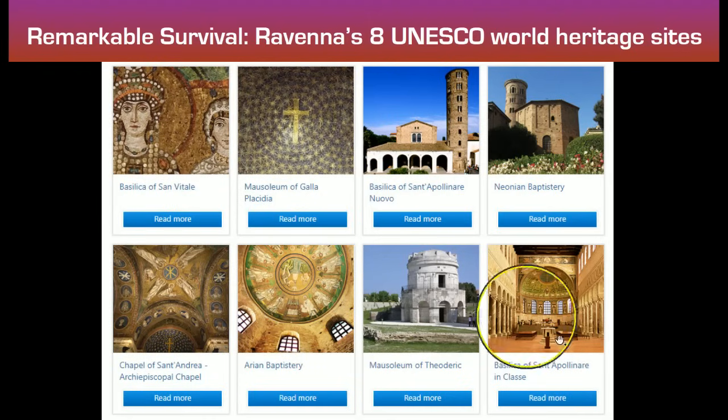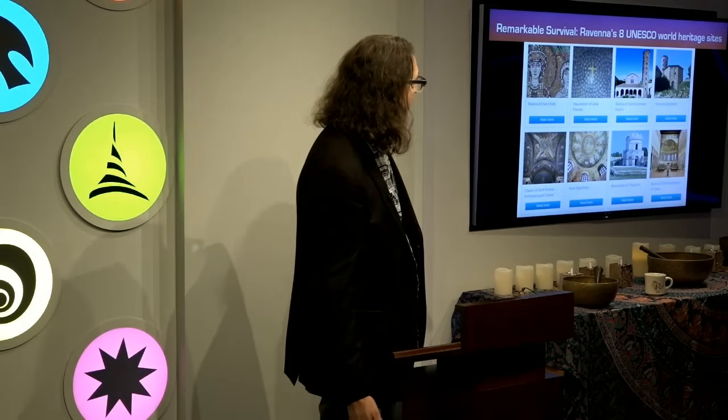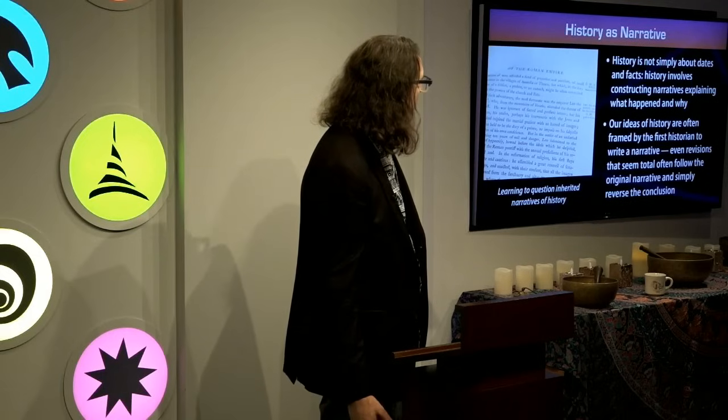They're filled with frescoes even, but especially mosaics, and certainly their floors and everything like that. They've all survived remarkably intact. And so it is a little bit of a different narrative than we sometimes think when we think of the Roman Empire as just being completely wiped out and gone. There's actually lots of stuff from the later part of the empire that has survived, especially in a place like Ravenna. And we'll talk about why it has.